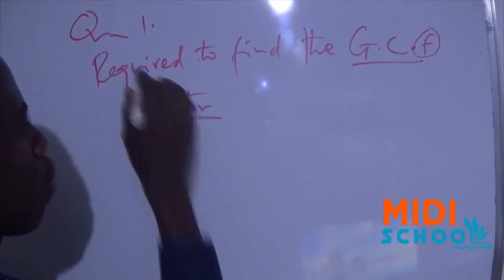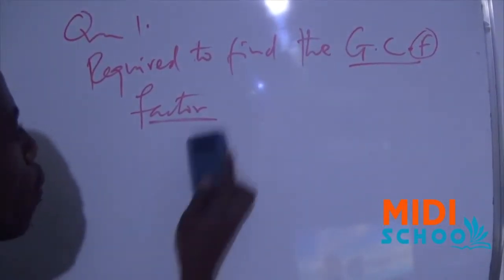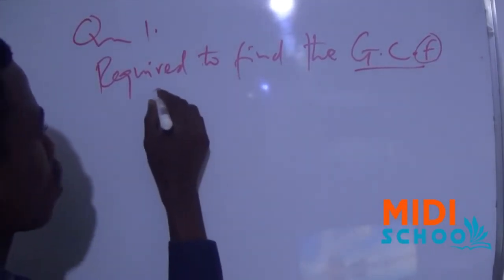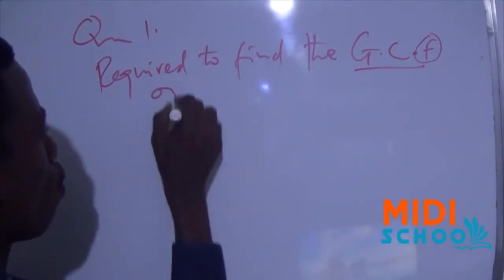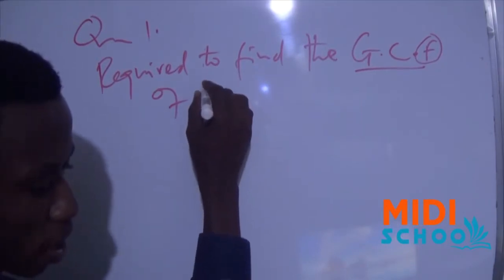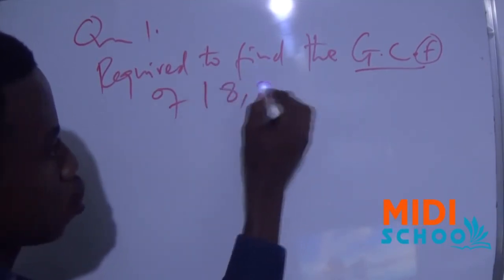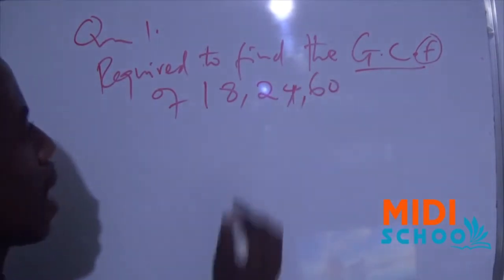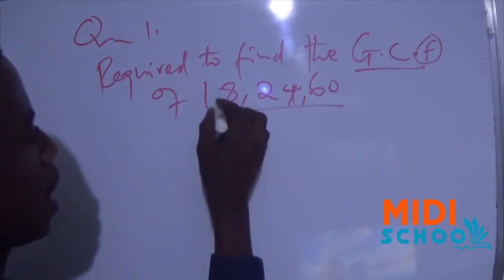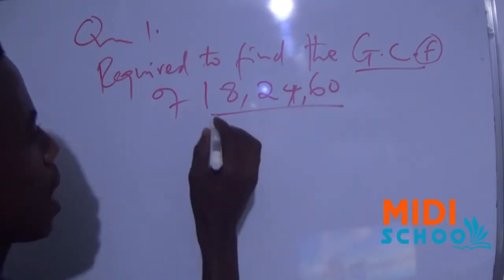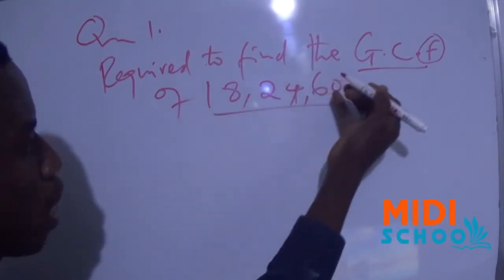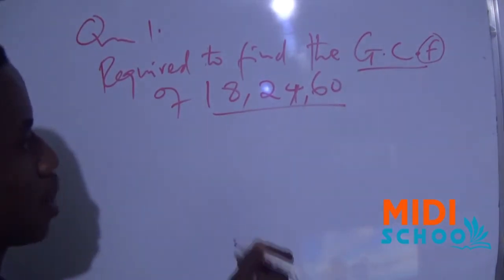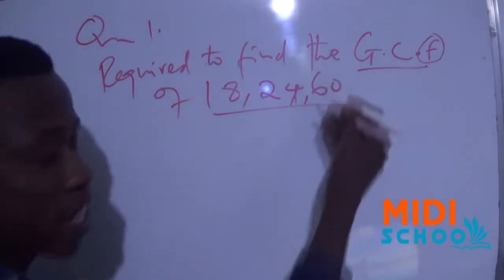So we are required to find the greatest common factor of 18, 24, and 60. So we have three numbers, 18, 24, and 60. And we have two approaches to attempt this question, but we are going to use the simplest approach.